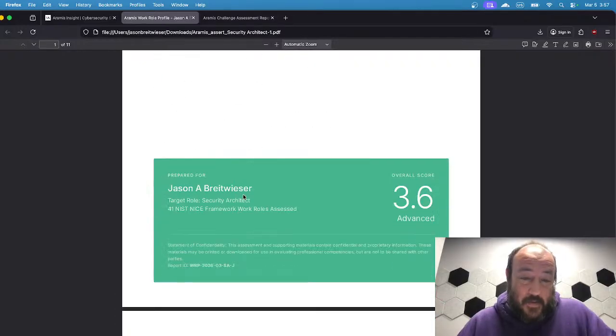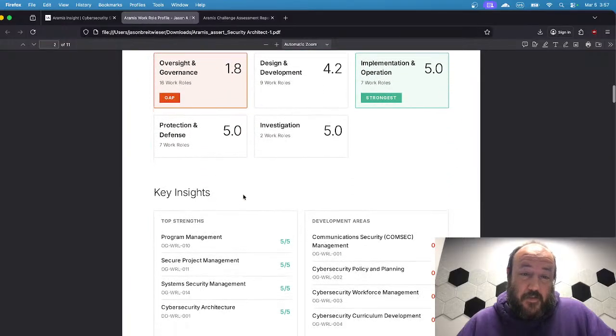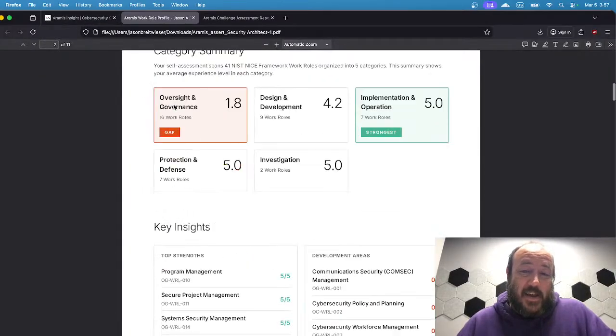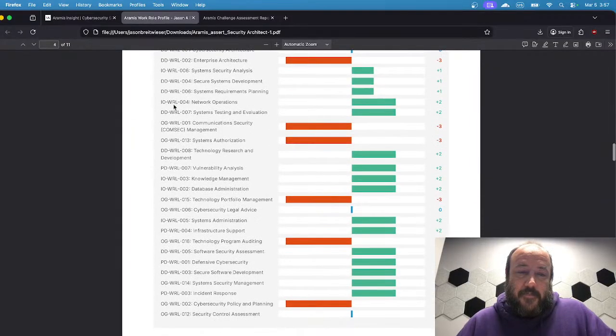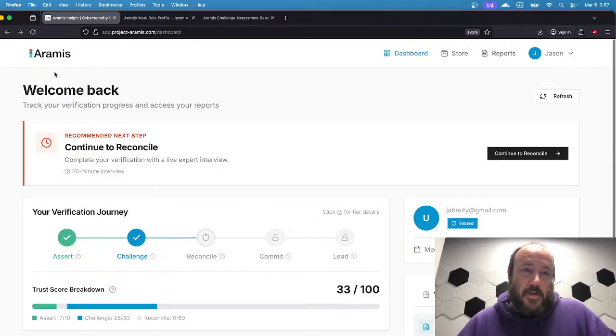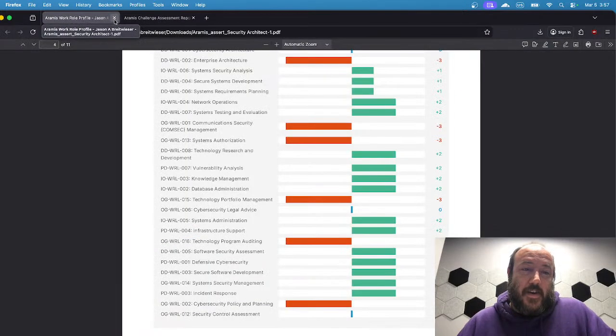This self assessment does a really good job of showing you what that gap tends to be like. So at any rate, Project Aramis, project-aramis.com. Check it out. Pretty exciting stuff.